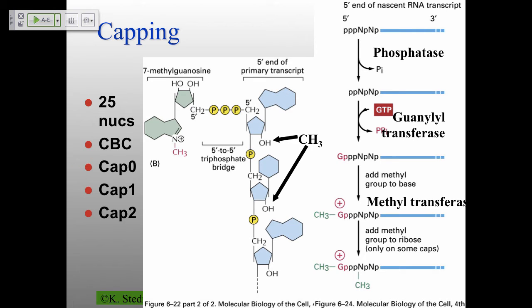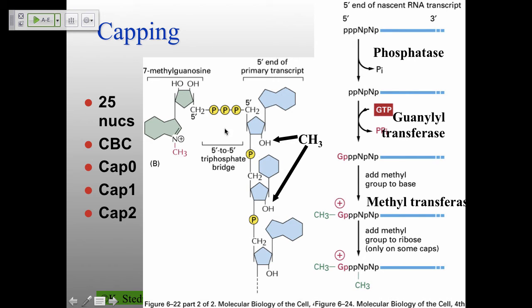So you can't make these O-methyl riboses there. So now you've got a methylated base, methylated guanine, and then some methylated riboses here. Cap 0, cap 1, and cap 2 are just relative to the number of riboses that have these O-methyl groups on them. So cap 0 has none, cap 1 has 1, always on this +1 position. Cap 2 is +1 and +2. So that's our cap structure.